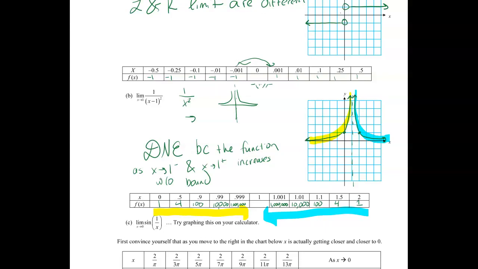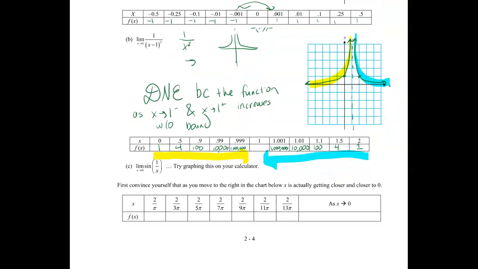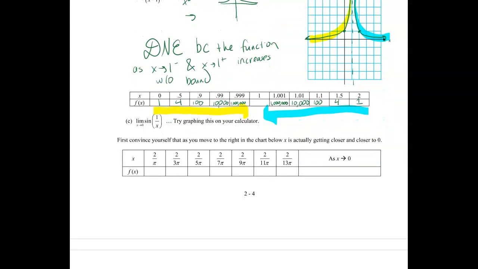Alright, the next one. I highly recommend typing this into your calculator, just because it gets gross. If you really want to think about this, this is actually sine of x to the negative 1, which is another way to think about it, but I'm just going to type it in. Typing this in, you'll see that I only have a chart. There's a reason.